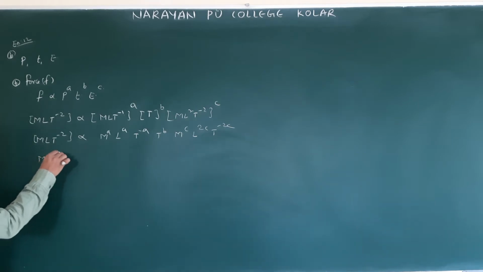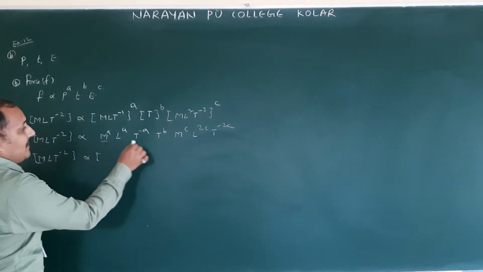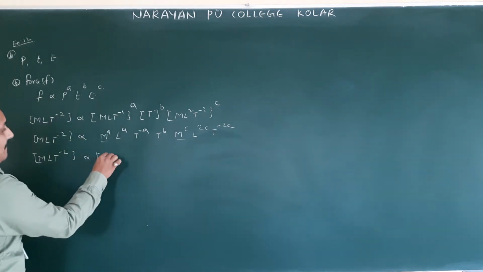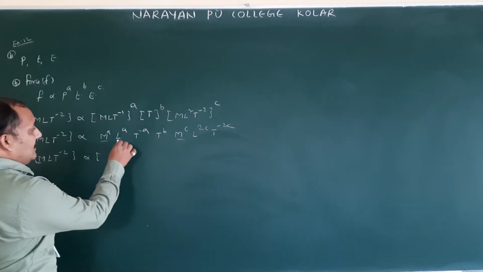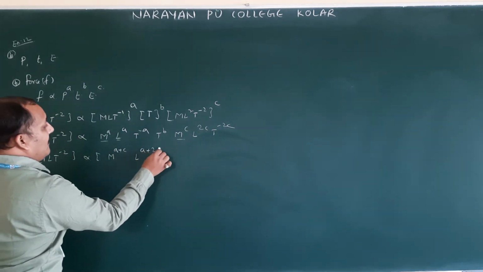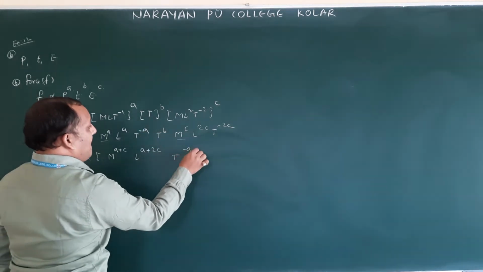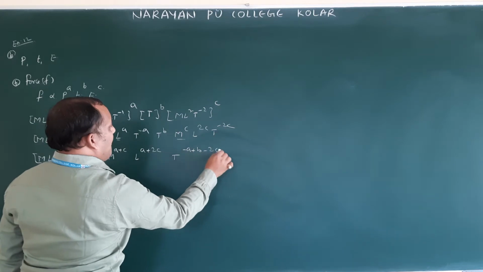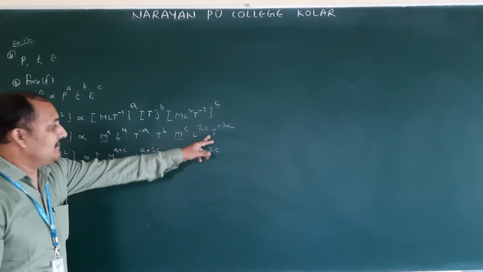With M: M power A, M power C, M power A plus C. Next, L power A, L power 2C, L power A plus 2C. So T power minus A plus B minus 2C.